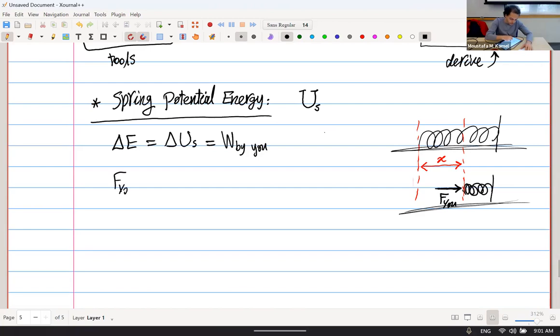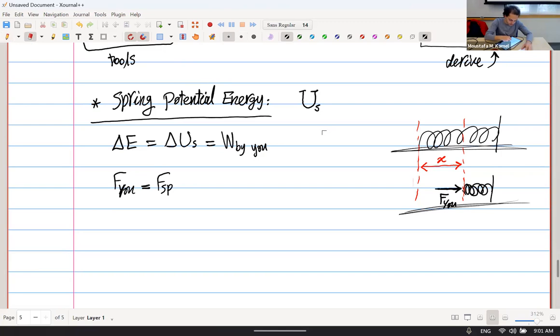So the force you exert on the spring is equal in magnitude and opposite in direction to the force of the spring. Let's just denote it F sub S. F sub S, the force of the spring, is equal to negative k delta x or negative kx.